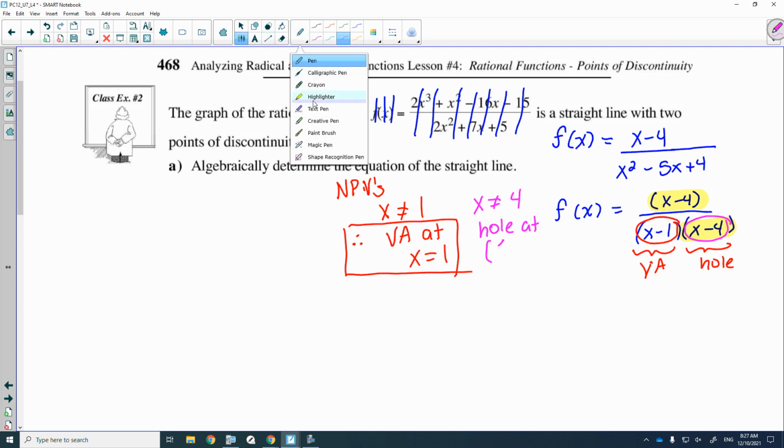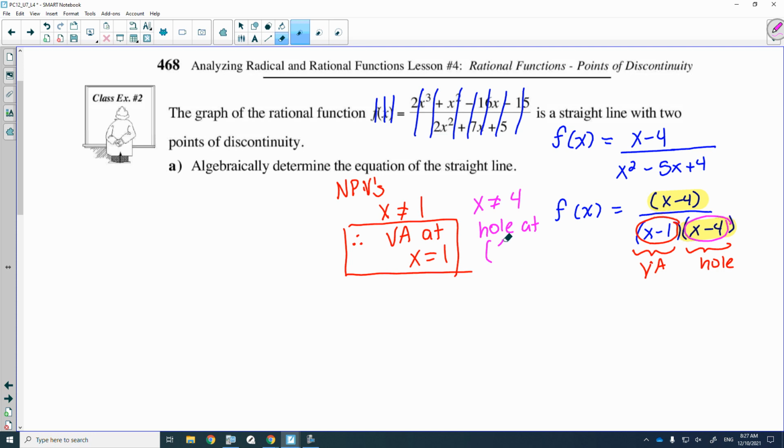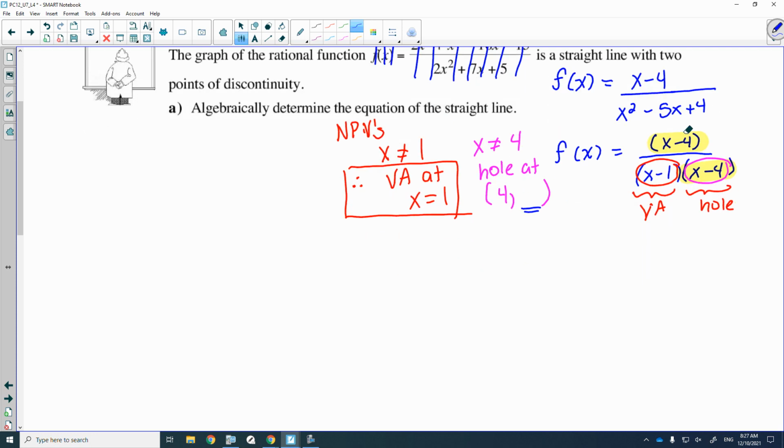And then we have to find the y value. So x is equal to 4, and we have to find the y value of the hole. So we need to know what y cannot be equal to. How you get that is you need to simplify this rational function. So after you've got all of the NPVs out, and you've told me if they're VAs or if they're holes, you then simplify.